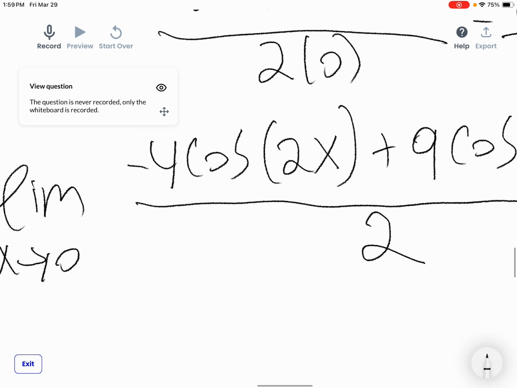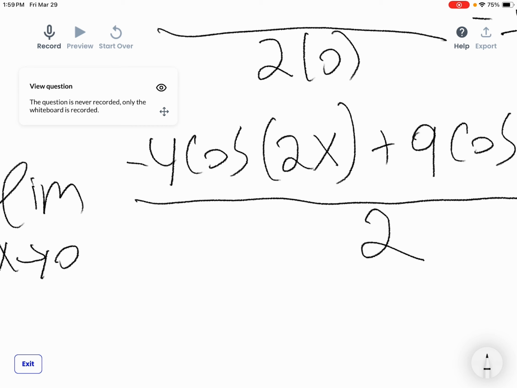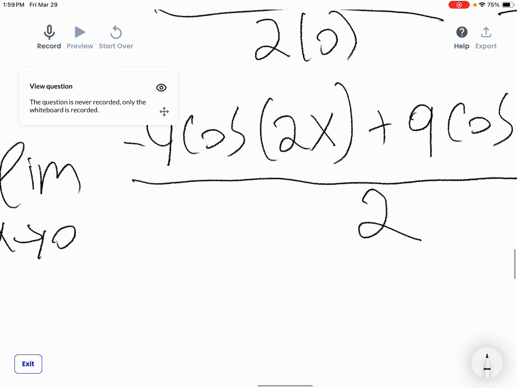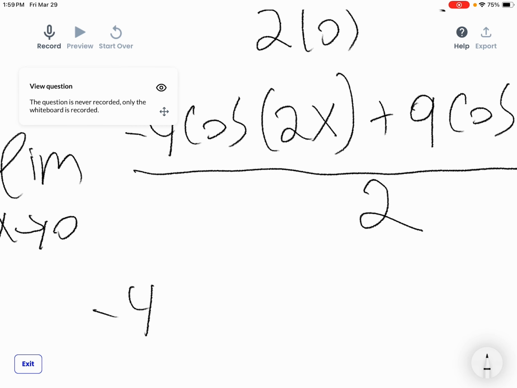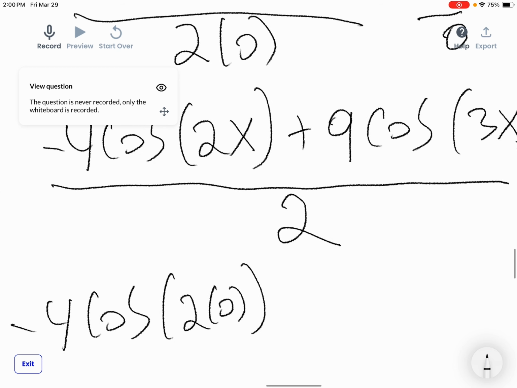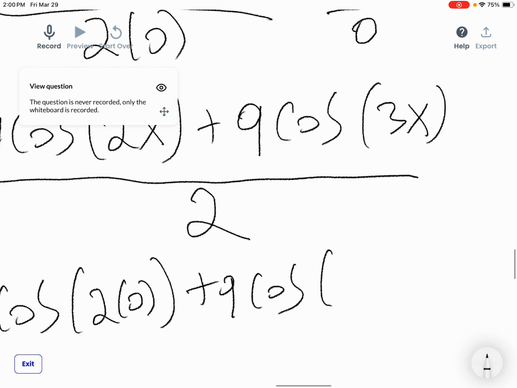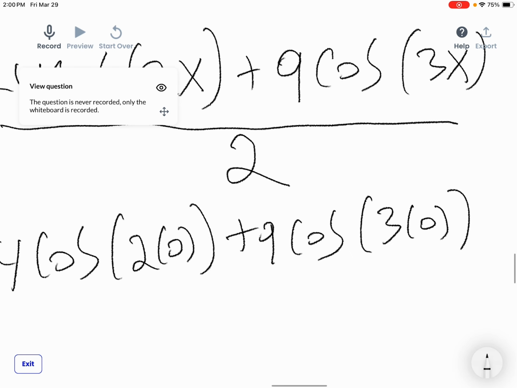So what happens if we plug in 0 on top? We get negative 4 times cosine of 2 times 0, so that's cosine of 0, and then plus 9 times cosine of 3 times 0, all divided just by 2.